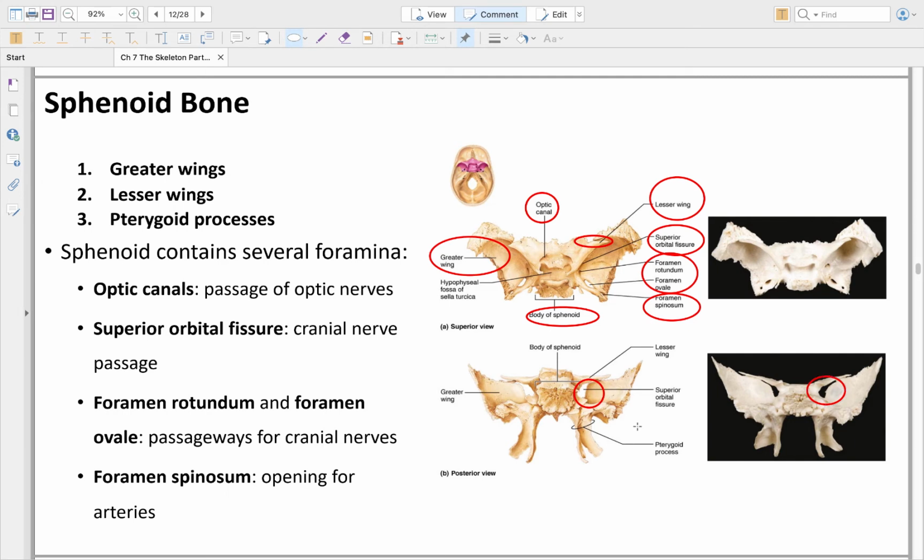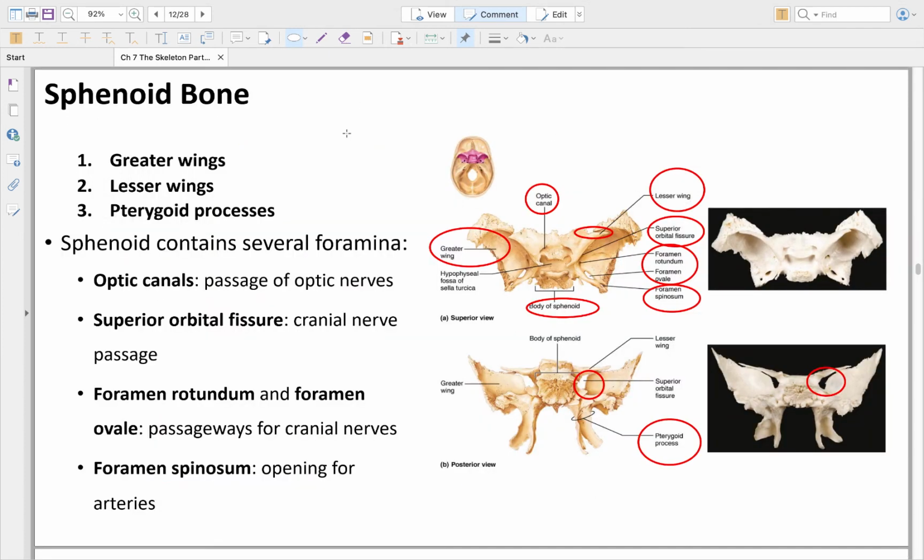This is called the pterygoid process. Okay, this is the sphenoid bone. You want to know all of the markings that we've discussed. And if we discuss what passes through a canal, a fissure, or a foramen, you want to know that as well.